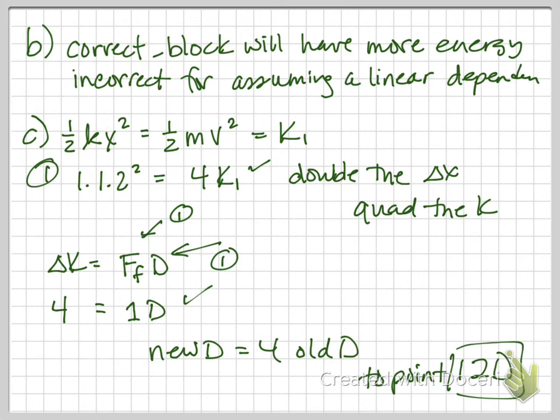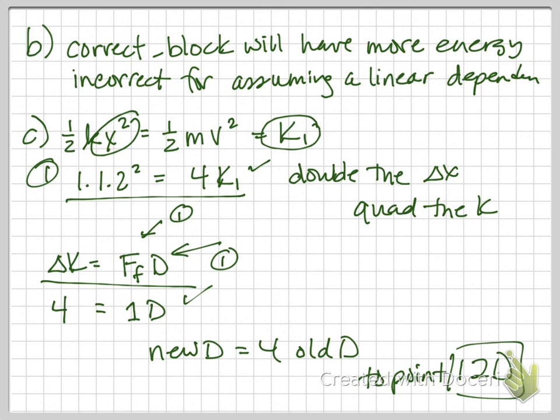Okay, so what we realized was correct was that an increase in compression results in an increase in kinetic energy. So we realized that that was correct. But by using our factor of change method here, we corrected the part of his reasoning where we said it would be a linear relationship. So by realizing that we quadrupled the kinetic energy and that the kinetic energy and the distance had a linear relationship, that's how we corrected that.